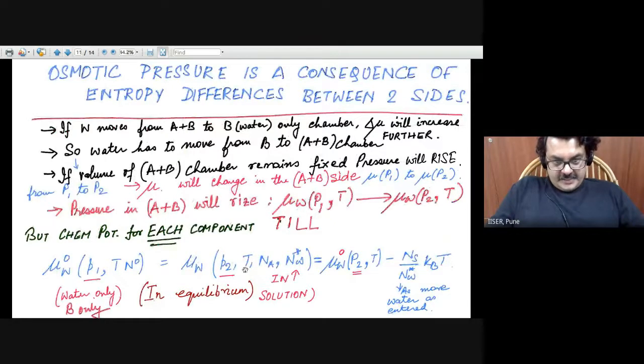So I'm writing a correction term in terms of NW0 at P2 minus this; this is the chemical potential of pure water but at pressure P2. So this quantity, the chemical potential of pure water at pressure P1, is equal to the chemical potential of pure water at pressure P2 minus this quantity, right? This becomes equal to this, and this can be written as this.